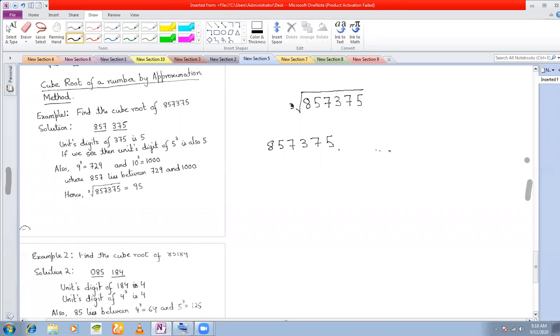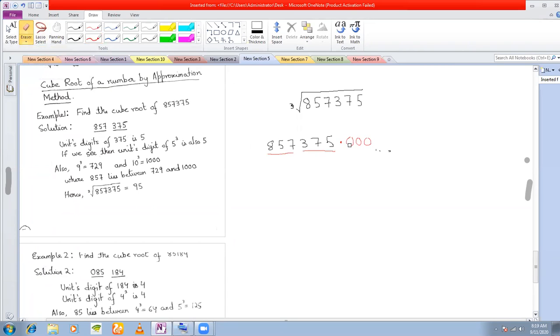So this is your first three digits forming a group. This is your next 3 digits forming a group. Just as in square roots you were doing, you group the numbers from the decimal position. You have a decimal here, and after that you have zeros, right? So you start from your decimal, this 3 and this 3.